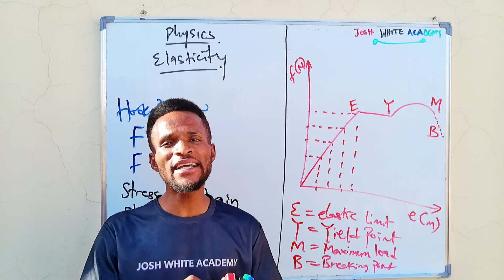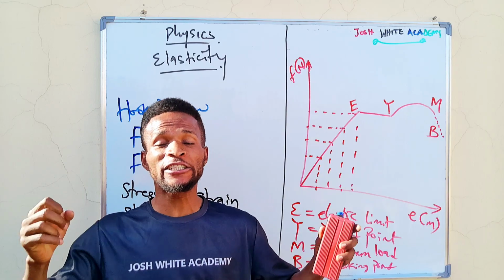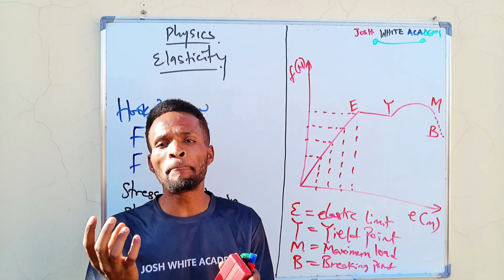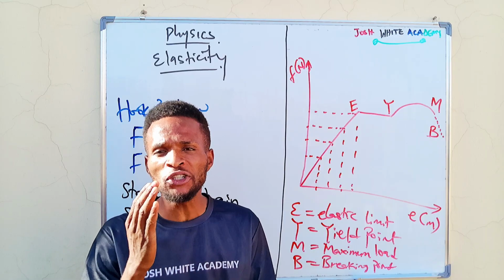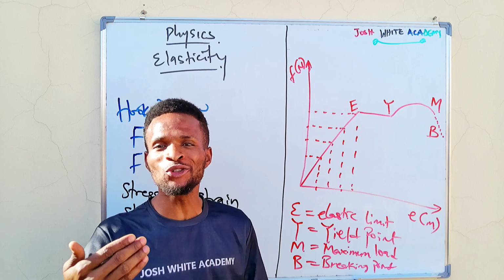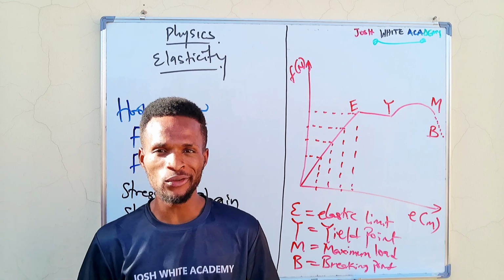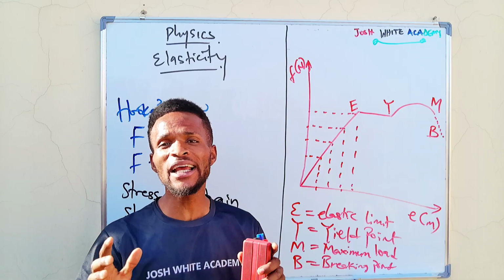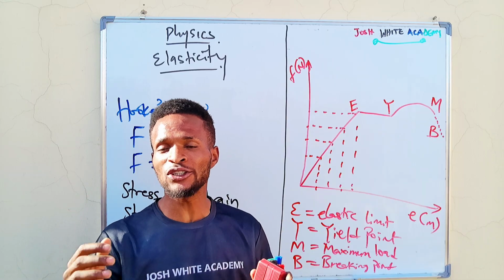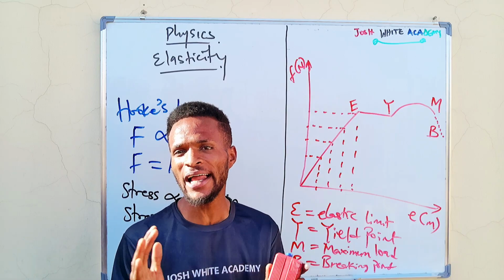But when that material is stretched beyond its elastic limit, the bond between the molecules becomes broken, but the molecules form bonds with other neighboring molecules. So the object still remains intact but does not return to its original length and size.